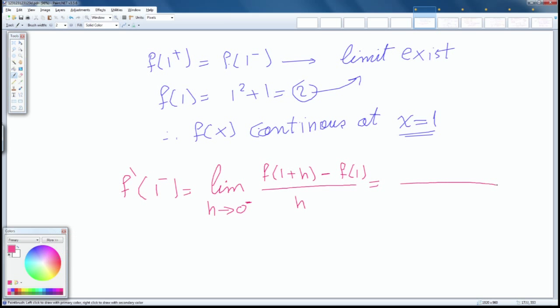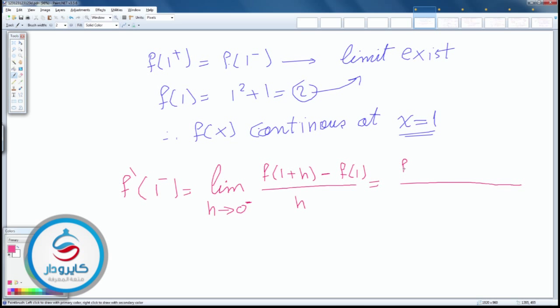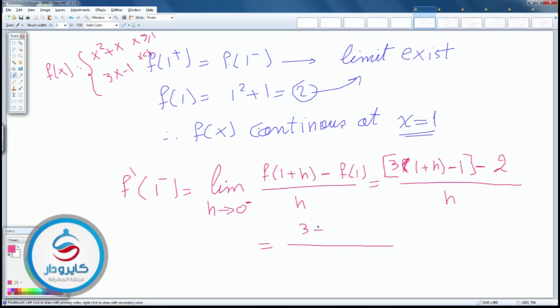Let's focus together. f of 1 plus h. Let's remember the function on the side so we don't forget: f of x was x squared plus x here, and 3x minus 1 here. Here x is greater than 1 and here x is smaller than 1. Let's be careful. Here I am smaller than 1, meaning from the left, so I say f of 1 plus h is 3 times 1 plus h minus 1, minus f of 1 which is 2, over h. In the simplest form, it will be 3 plus 3h minus 1 minus 2 over h.